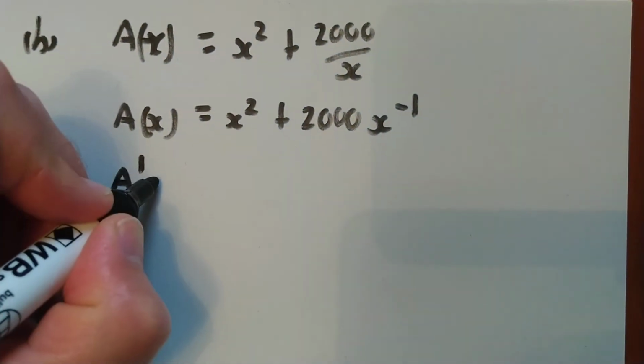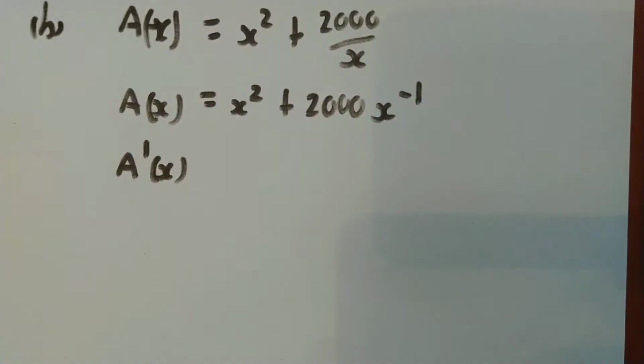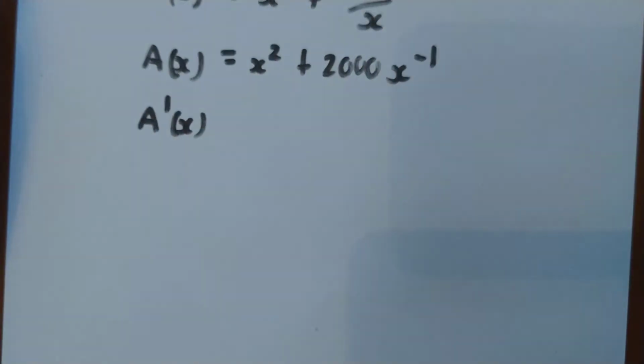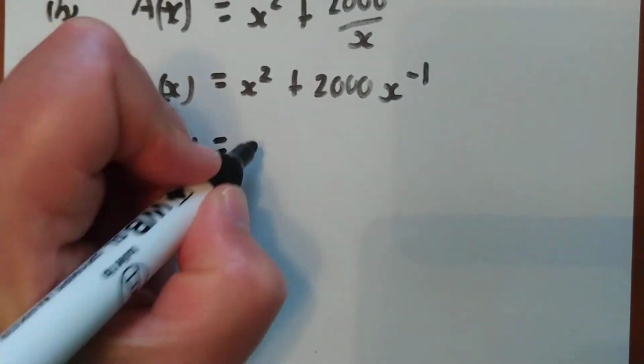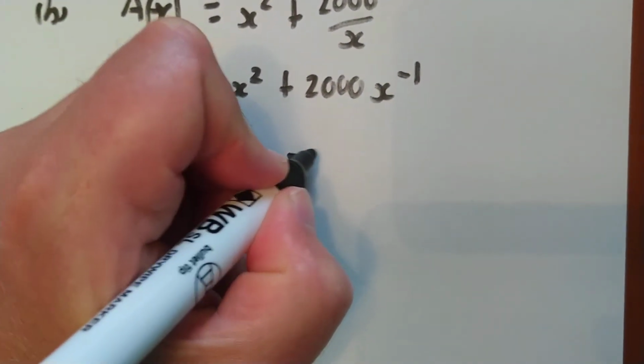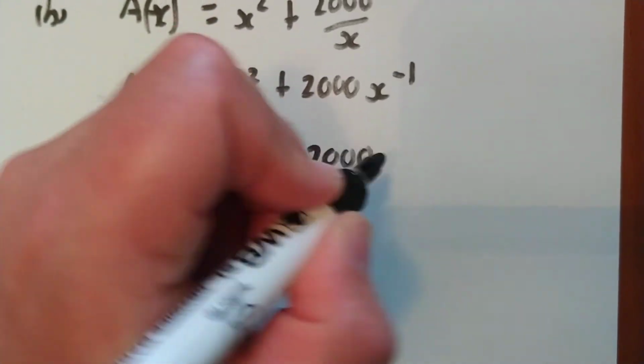A dashed x. I could put dA over dx, but this is the notation of the question, so I'll just stick with it. It's equal to 2x minus 2000 x to the -2.